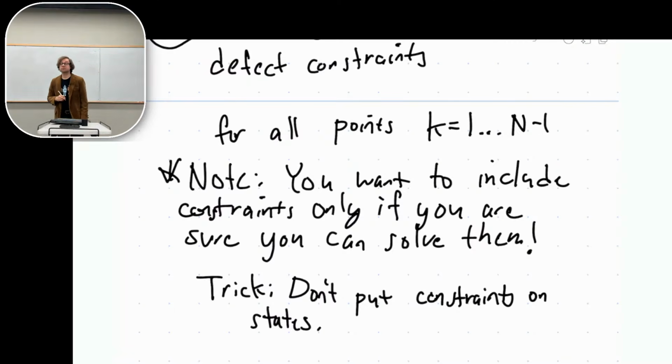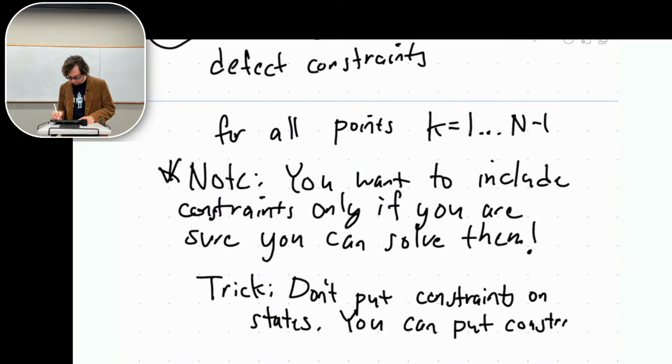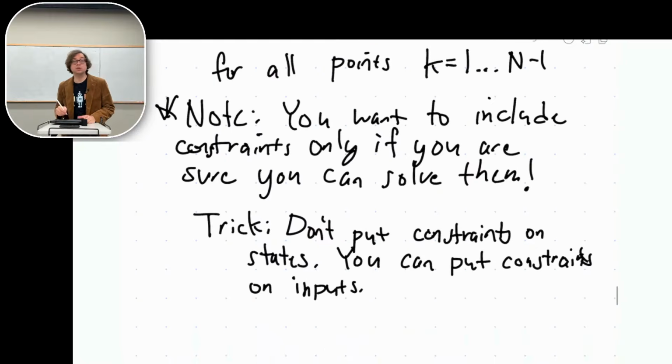You can put constraints on inputs. Okay? That's totally fine. You tell it, I want to have a limit on the amount of force I want to apply. That's great. Just don't tell it that it has to go somewhere by the end of that trajectory, or it fails, right?